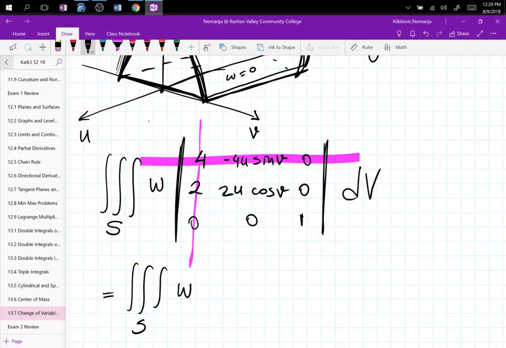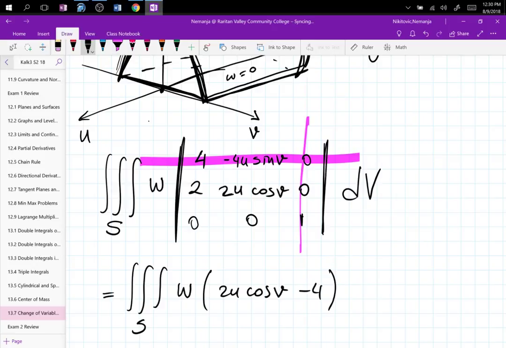So what do I have there? 2u cosine v. Then if I pick this one, I have minus 4. And if I pick the last one, that's a 0, 0, so that's where everything dies. Nice. dv.